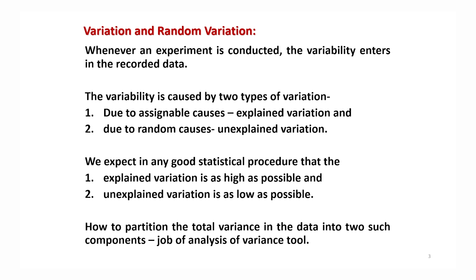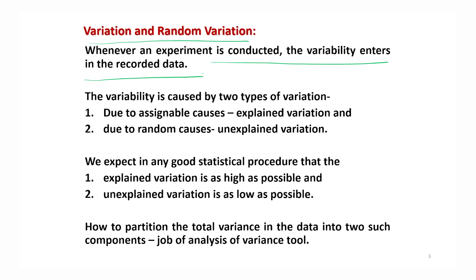So now, what is the idea behind this analysis of variance? First we try to understand why it is called analysis of variance. Earlier it was called one sample test, two sample test, but here it is called analysis of variance. Whenever we are dealing with a statistical tool, we are dealing with random variation. Whenever an experiment is conducted, variability will certainly enter into the recorded data.